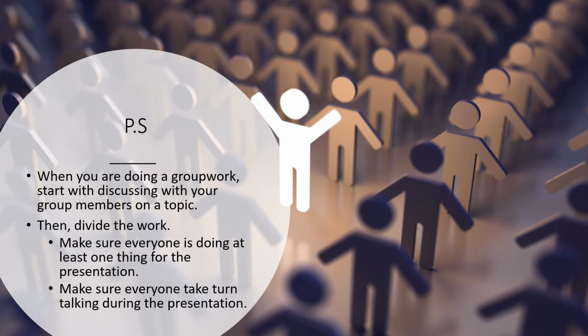Maybe one person will do the introduction and then introduce the topic, and then one person will explain why you guys have the problem, and then one person will share on what you can do, and then finally one person will do the conclusion.